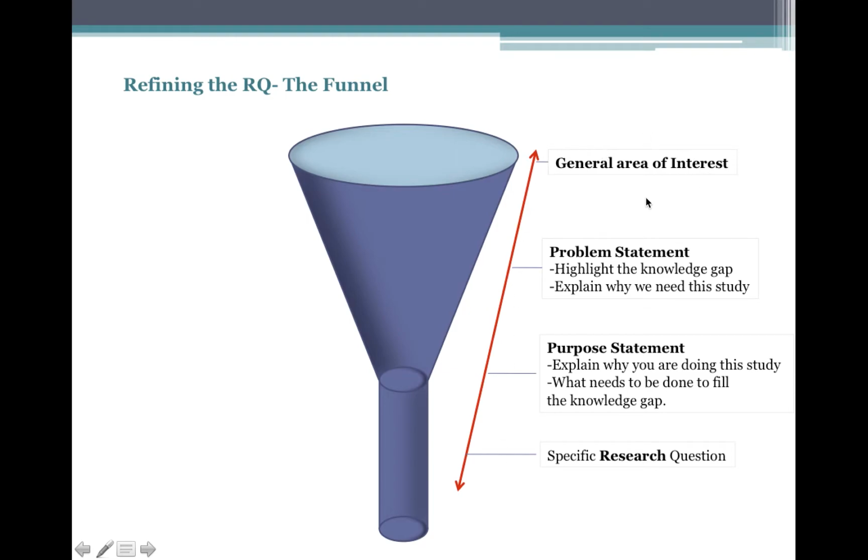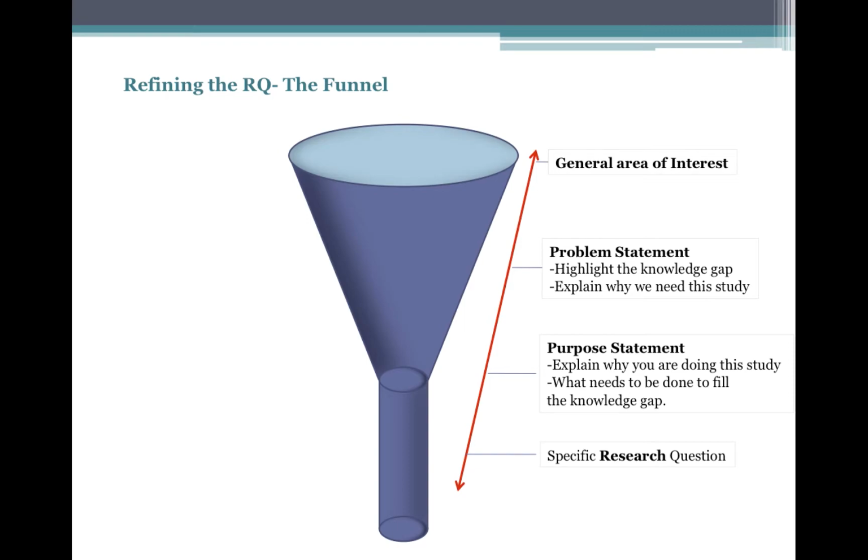So you start off with a general area of interest. These could be ideas or themes, and you have shared these with us, and we will be giving you feedback on them by the end of this week. And then the next step is highlighting the knowledge gap. Now, this is very, very important.